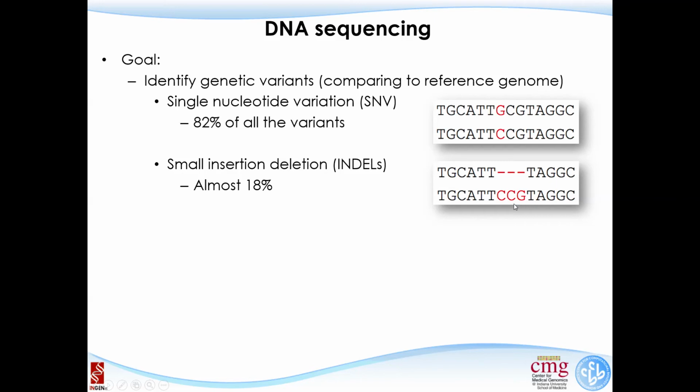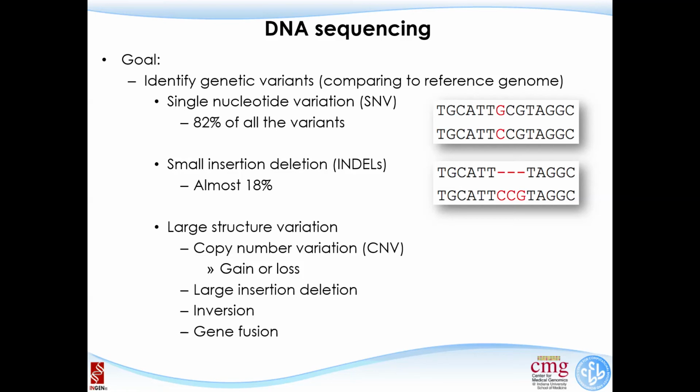This is called an insertion. In some cases, it's called a deletion. This represents almost the other 18% of genetic variants. Actually, these small indels will give us some problems in identification, and we will go through those in the later lectures.